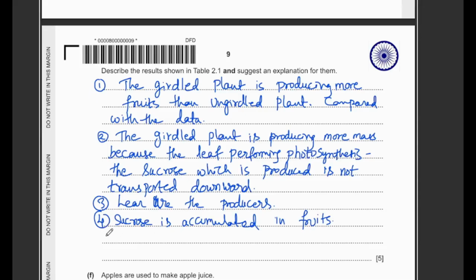And fifth one, as translocation we know, sink. Who is sink here? Fruits are acting as sink in which all the sucrose or amino acid is being stored, and this is how you get 5 marks on this answer. I hope this is clear now.